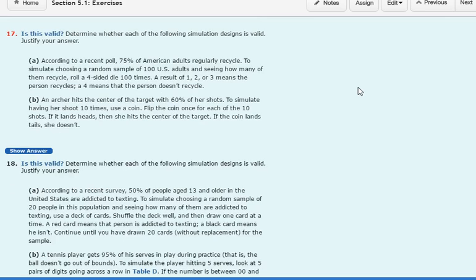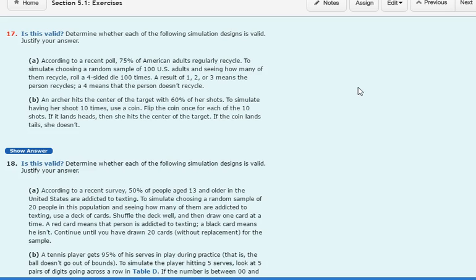17, 18 give you two different scenarios each and ask whether it is a valid simulation design. So 17 says, according to a recent poll, 75% of all Americans regularly recycle. To simulate choosing a random sample of 100 U.S. adults and seeing how many of them recycle, roll a 4-sided die 100 times. A result of 1, 2, or 3 means the person recycles. A 4 means that the person doesn't recycle.